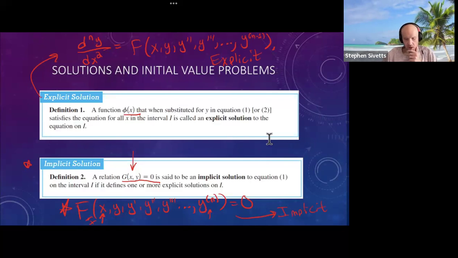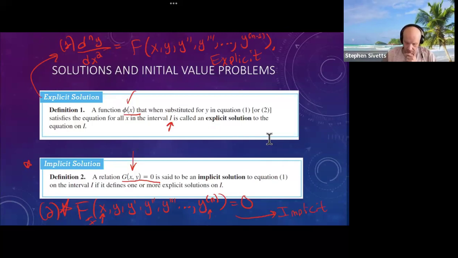So explicit, you can solve the nth derivative of y in terms of x and all the derivatives up to n minus 1, right? So if you have an explicit solution, let's say phi of x, if you substitute that solution into equation 1 or 2 here, on the interval I, where all x values are defined, right? Phi is what's called an explicit solution, right?